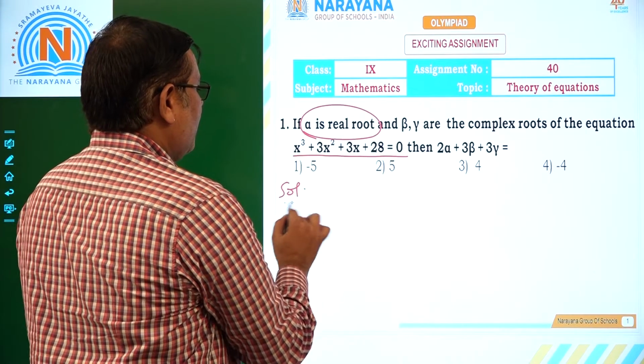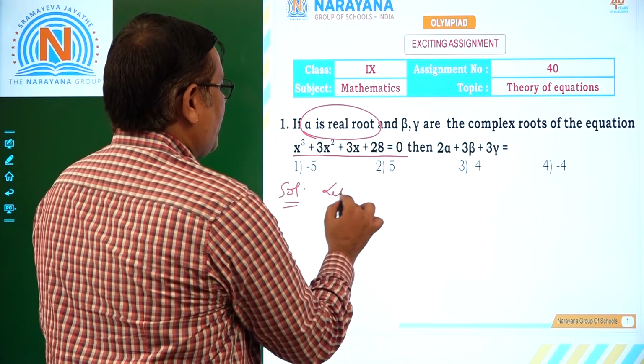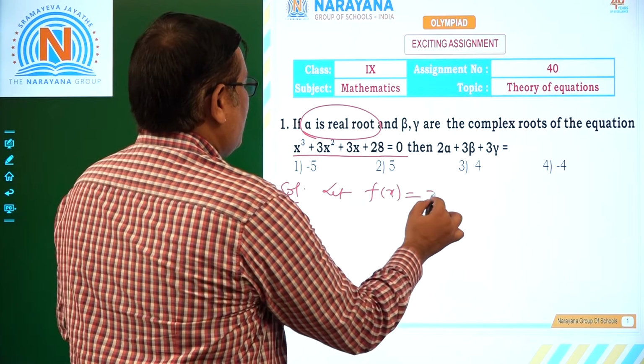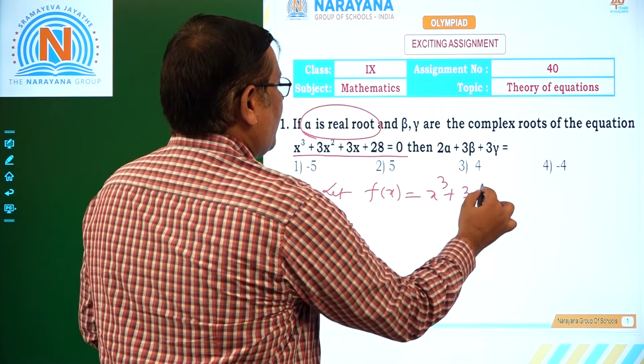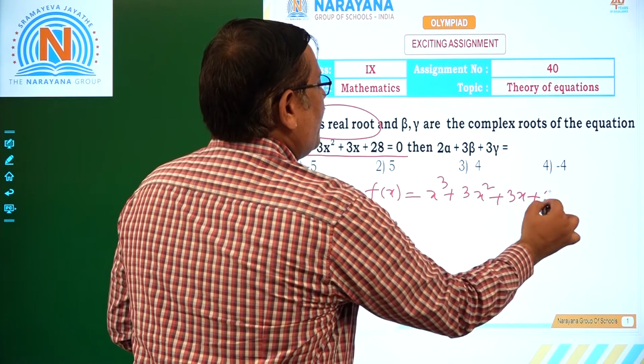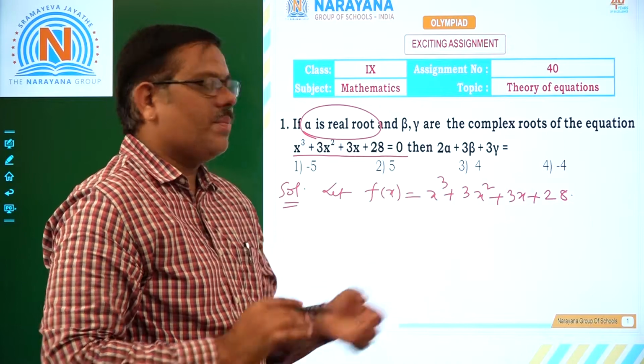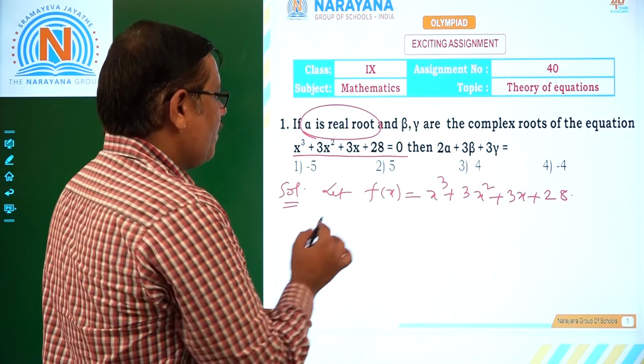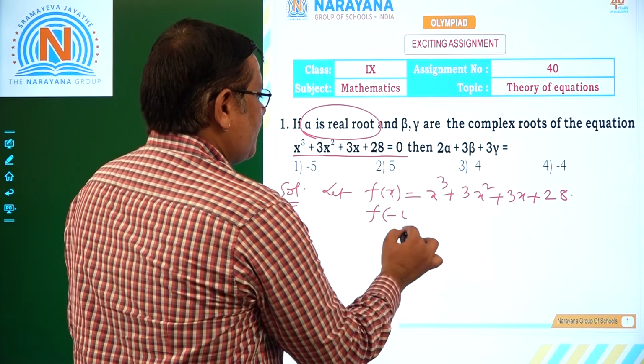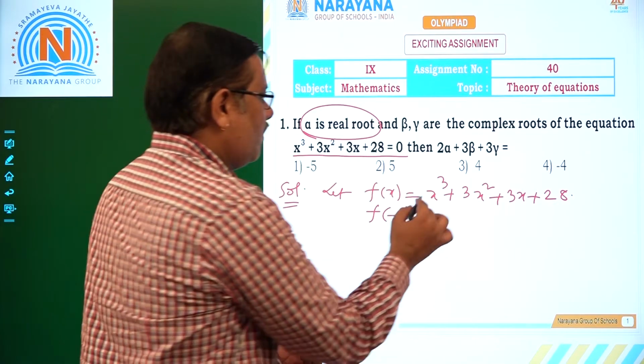Let us take the given equation. Let us take f of x as x cube plus 3x square plus 3x plus 28. Let me take f of minus 4. What is f of minus 4?